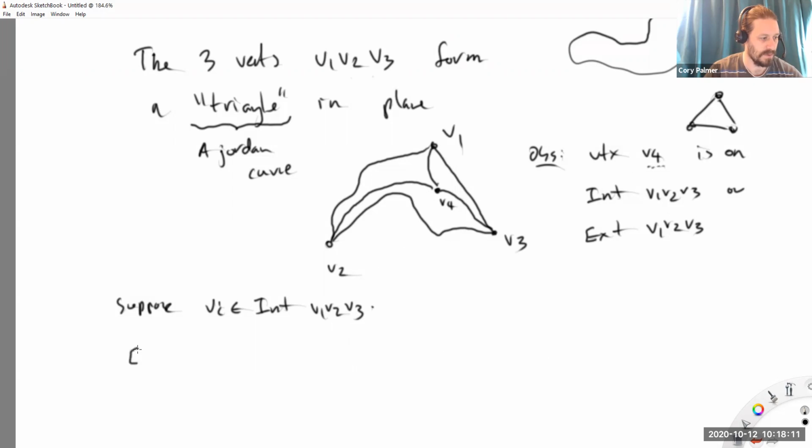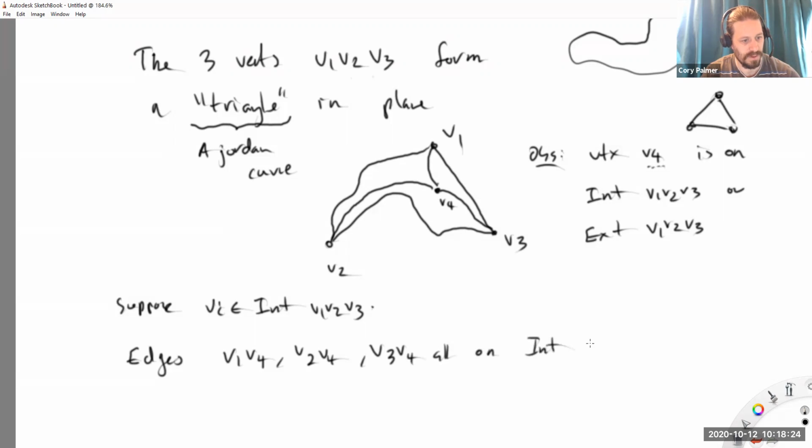Okay, so the edges V1V4, V2V4, and V3V4 are all on the interior of V1, V2, V3. This is by the Jordan curve theorem. If V4 was on the exterior, then all those would be on the exterior.